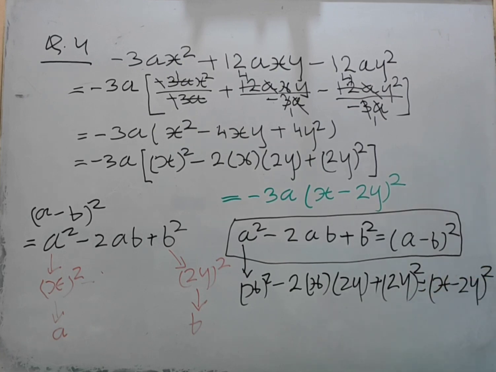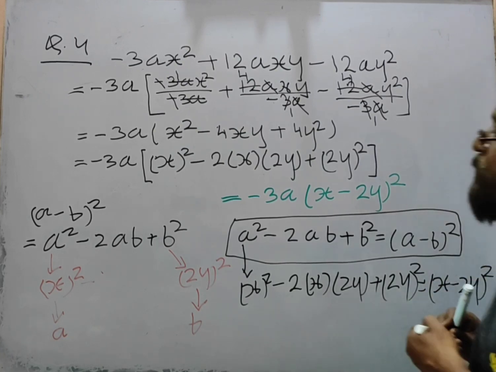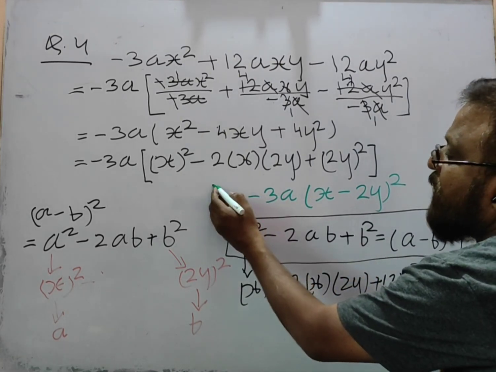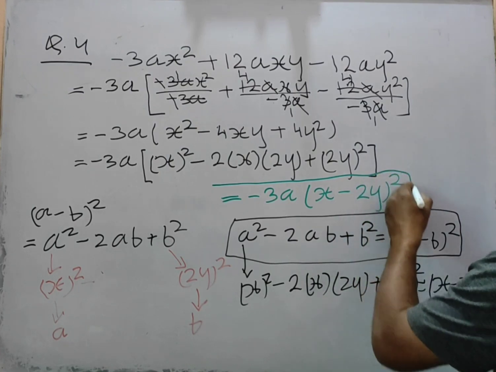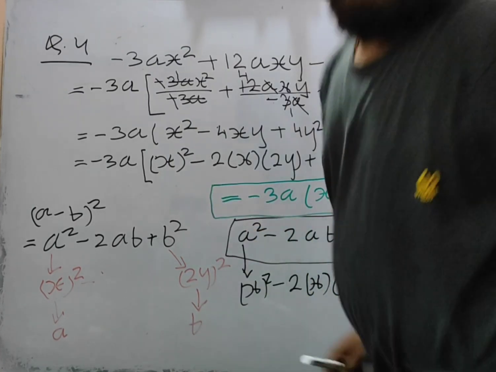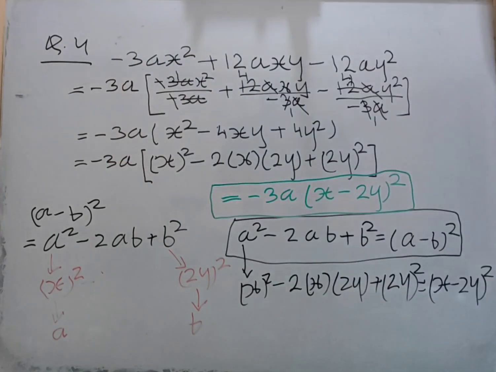I hope you understand. So your answer is this. That is just explanation. This is your answer. The green encircled part is your answer of the question. I hope you understand.